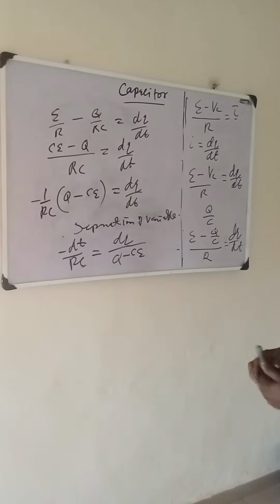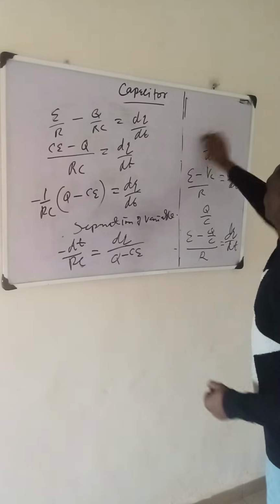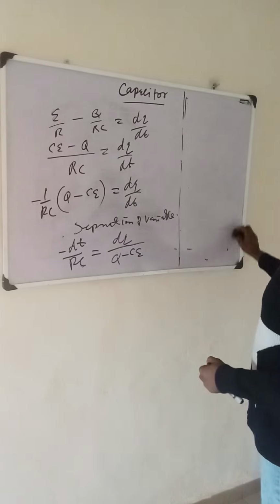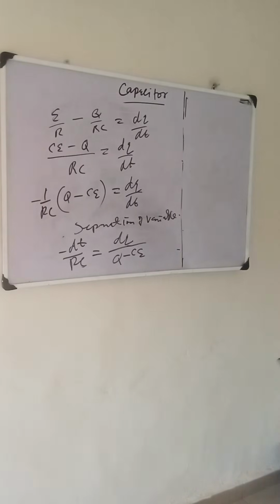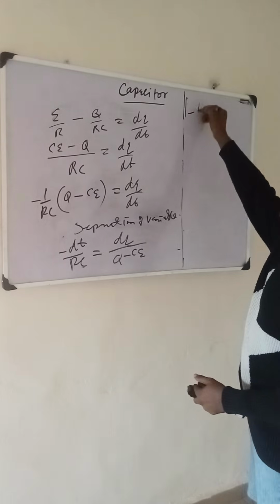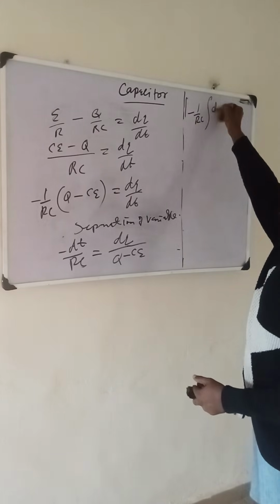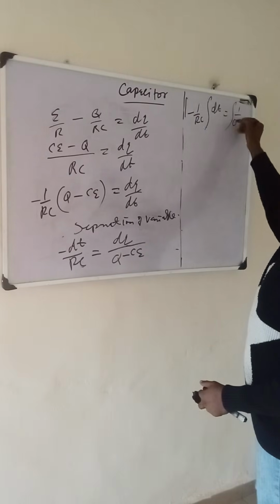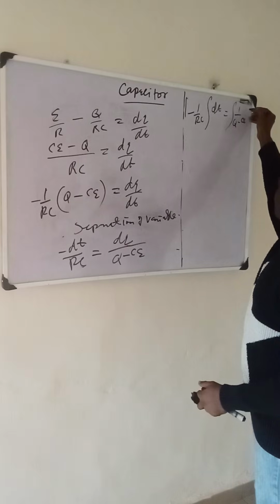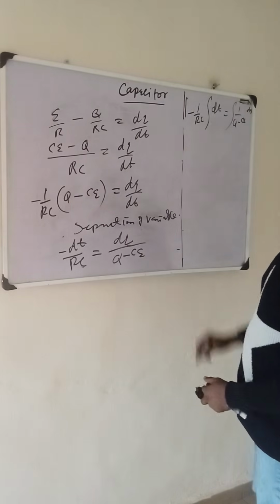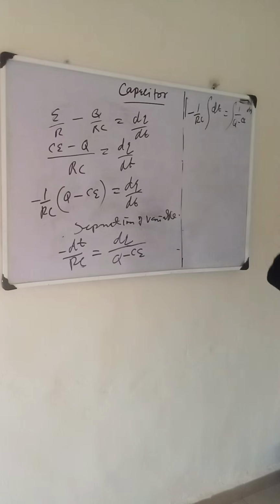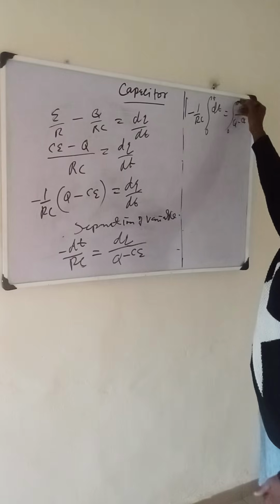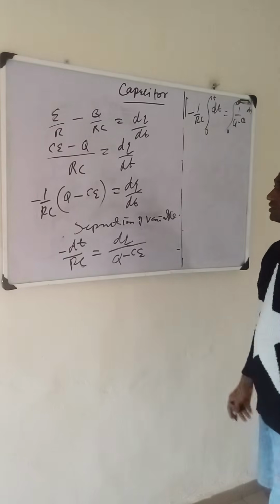Okay, so from there we integrate. So if we integrate, we have negative 1 over RC integral dt equal to the integral of 1 over q minus CE dq. And because we're not dealing with the indefinite integral, we take the limit from 0 to t and from 0 to a certain q. Okay?